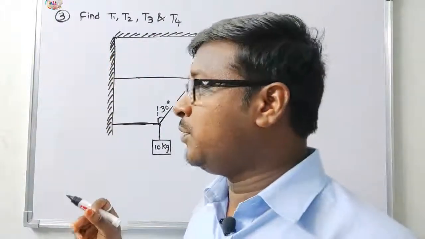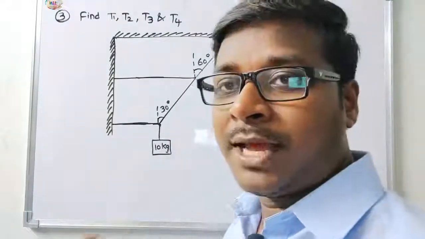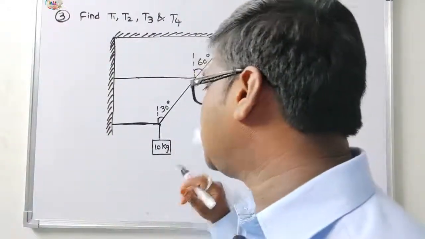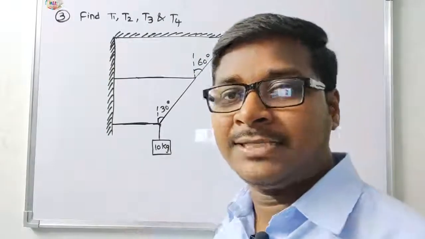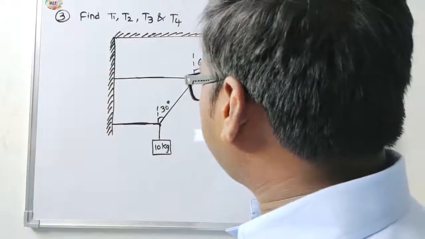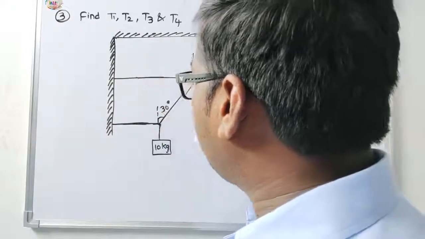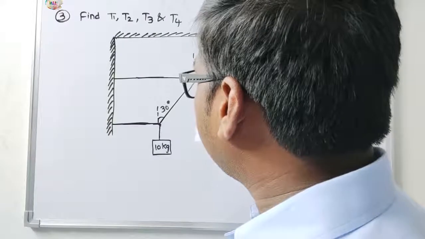In this problem, one block of mass 10 kg is hanging down, supported by a string. The two strings are attached to a single string.